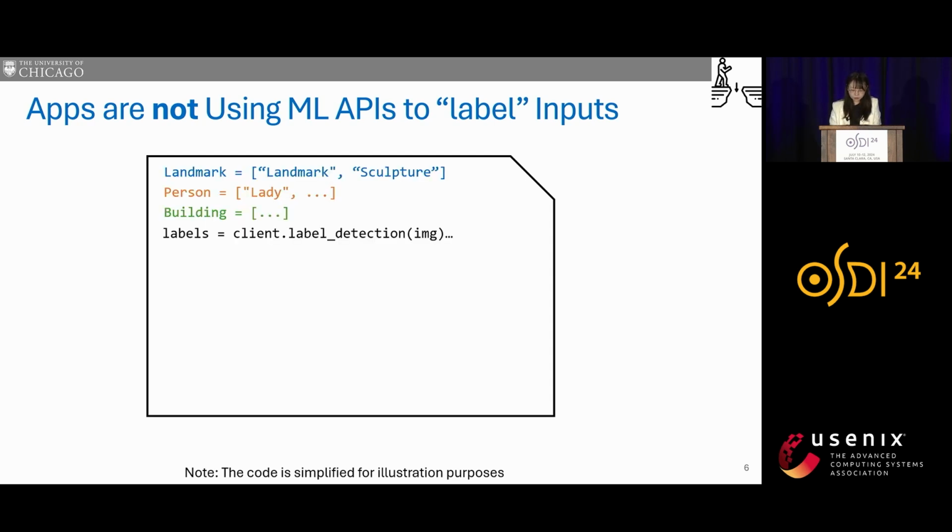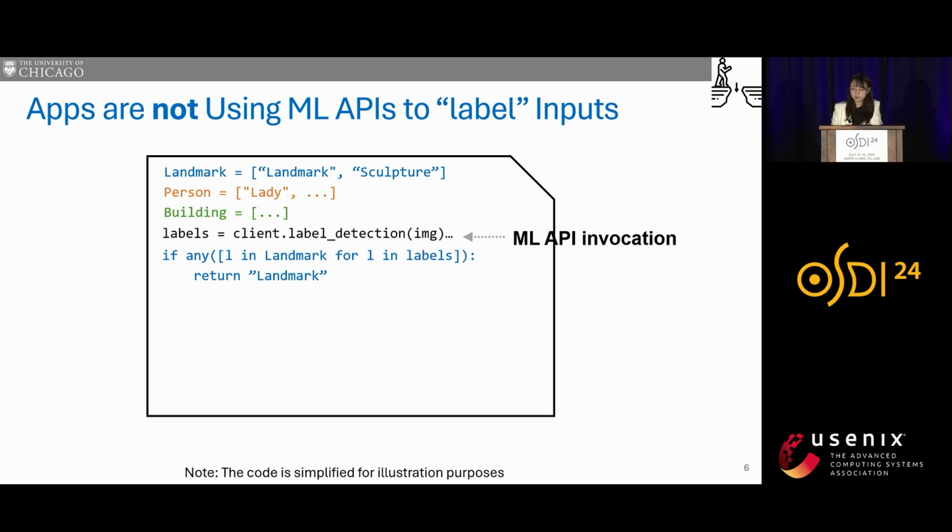To do so, the application first defines 3 lists of labels, and we call these 3 lists of labels 3 equivalent classes. And then it invokes the label detection API, which performs a multitask image classification. And then it compares the output labels with the equivalent classes.